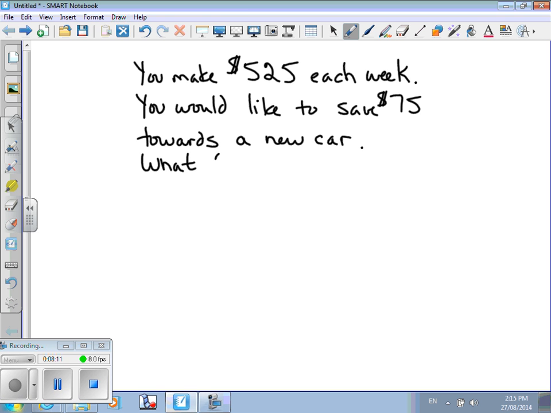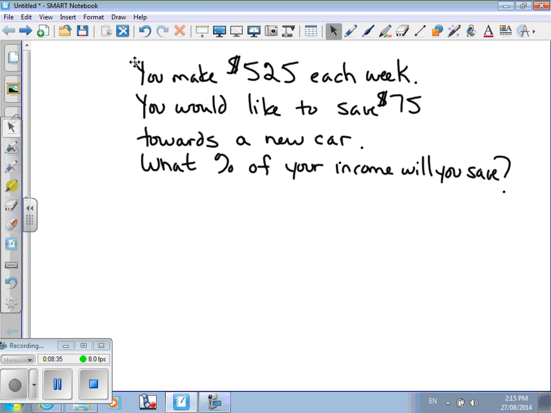What percent of your income will you save? Again, a lot of words. That's actually 3 whole sentences, but we should be able to condense that down into a nice statement.